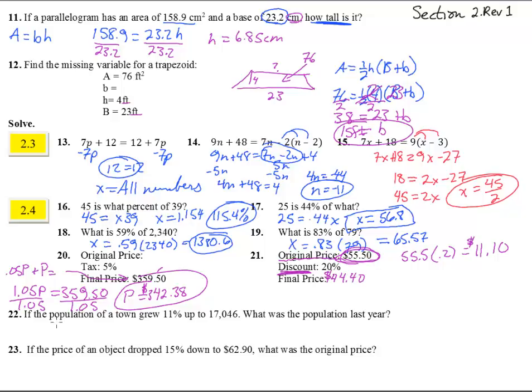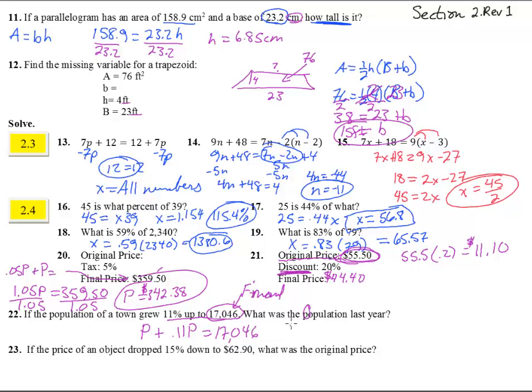Number 22, if the population of a town grew 11% up to 17,046, this is the final amount that we have after the growth. What was the population last year? Let's put P for the variable. The population grew, so it's going to be the original population plus 0.11 of that population to get 17,046.